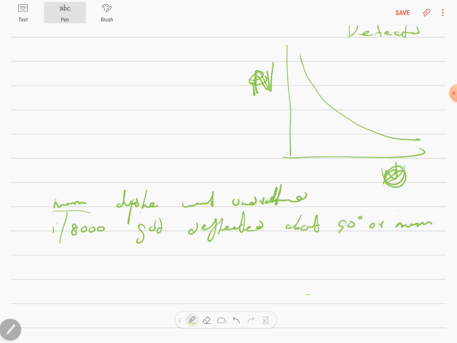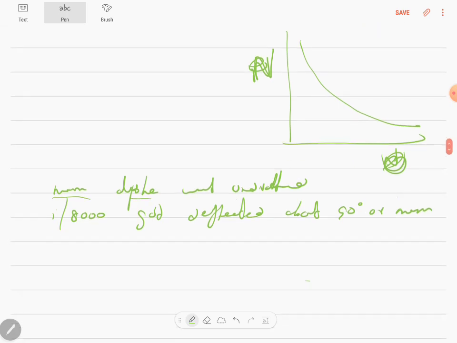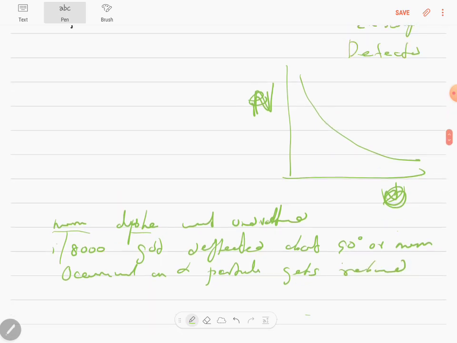But most of the alpha particles went undeviated. And a very, very few, occasionally, a few got rebound. These are the three observations, and this graph is very important.